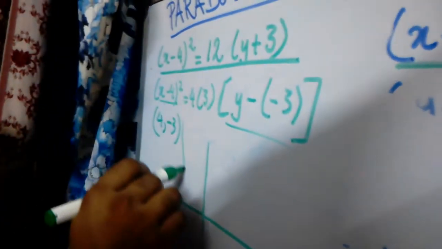Now the axis of symmetry will be parallel to the y-axis. Why? See, (x minus 4) whole square is always positive, so this y must be always positive, so it will be like this.